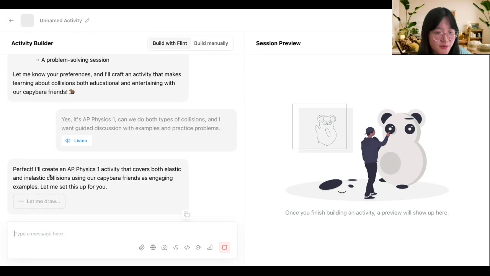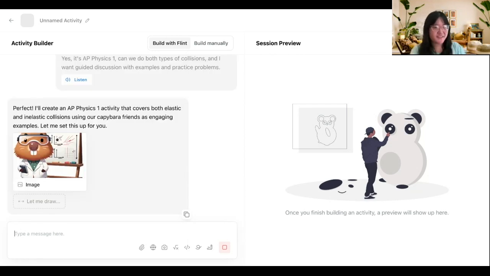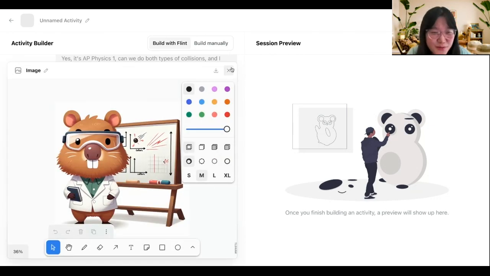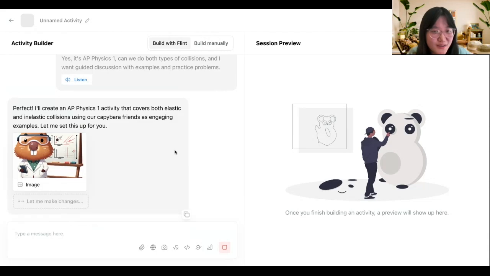Here it will create an AP Physics 1 activity that covers both elastic and inelastic collisions using our capybara friends as engaging examples. It draws a little capybara for me to start off the activity, and then it's going to set up that activity for me as well.